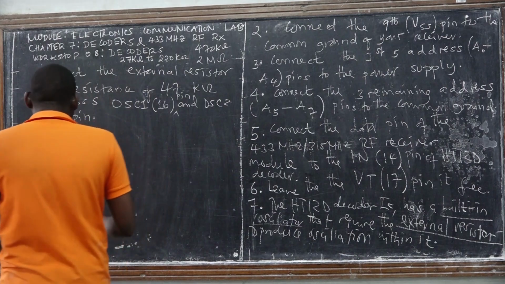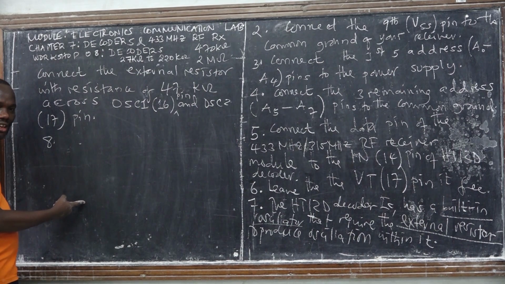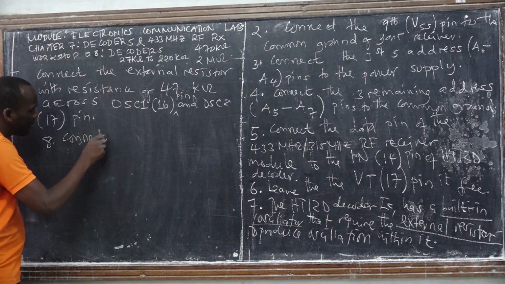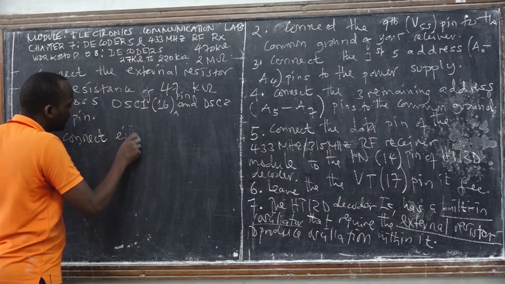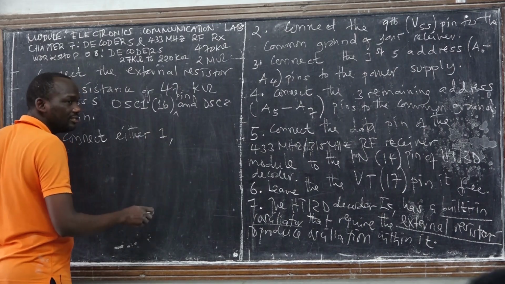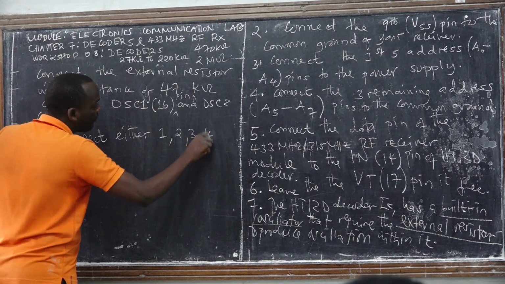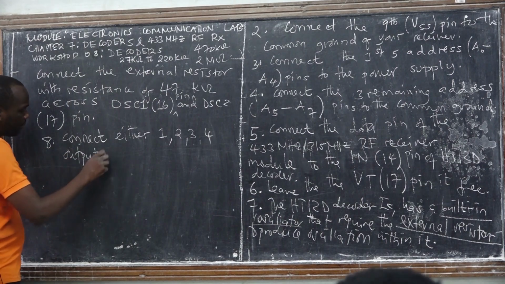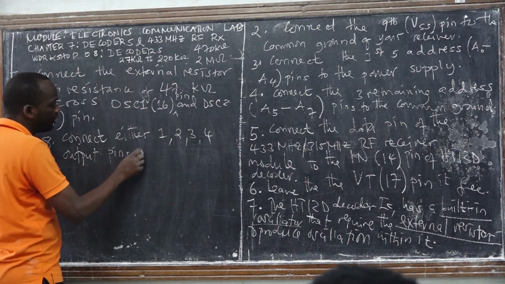So for the decoder, the 8th step is actually talking about the output pins. How many output pins do you have in the decoder? Joshua. So you have 4, right?